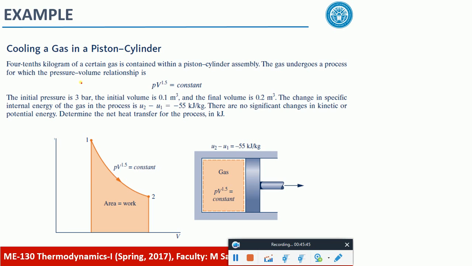So, let me solve this one example so that we can see what the real application is. I told you that we are going to apply these concepts which we have been talking about, and this is the first example. This is about cooling a gas in a piston cylinder arrangement.